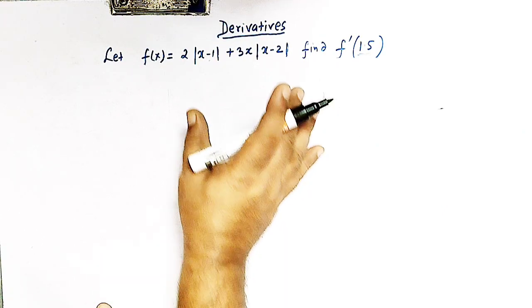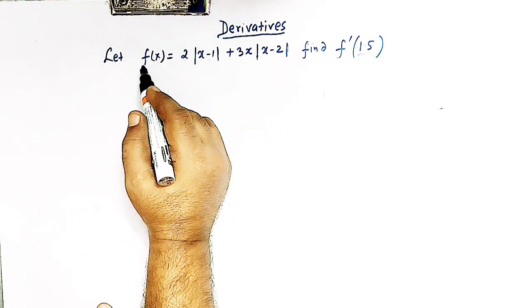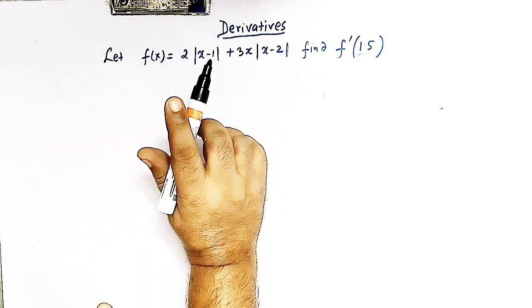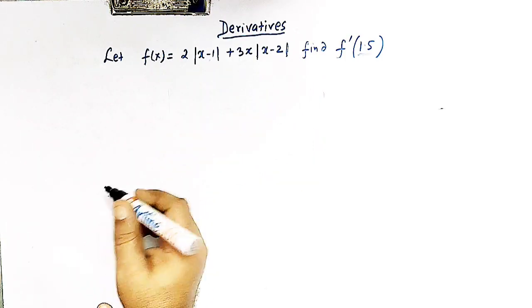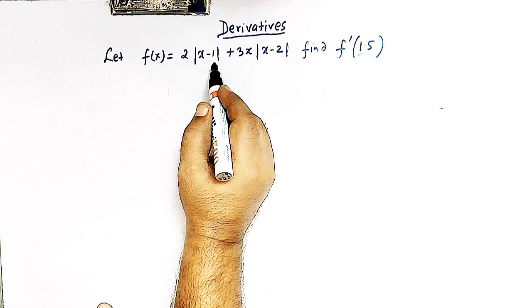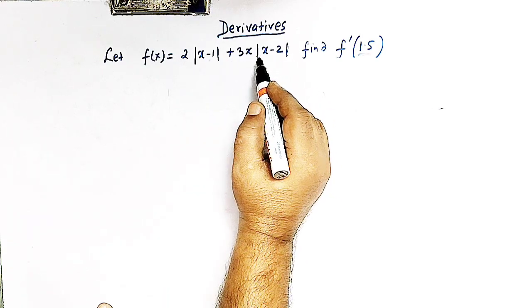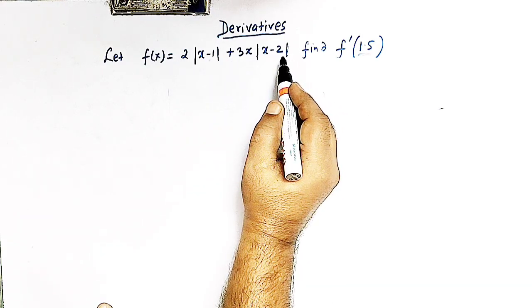So here we observe that this function f of x is a combination of two mod functions. So here we have mod of x minus 1, and here we have mod of x minus 2, right?